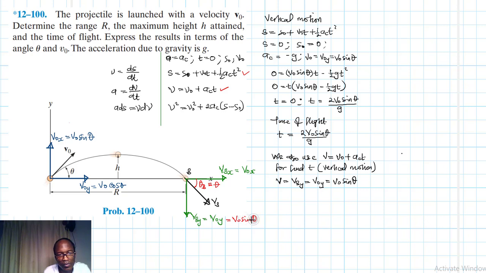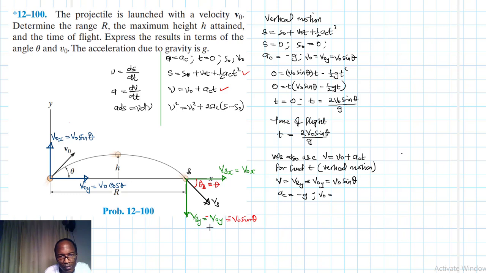You can check this and prove it. Then we know that our a_c is just equal to minus g.